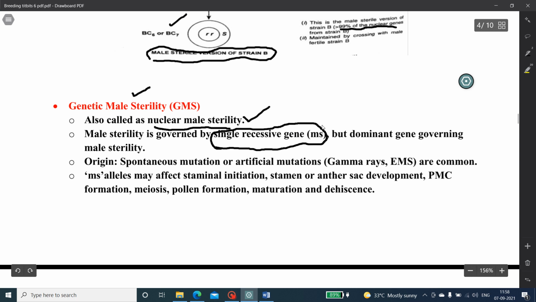And here sterility is governed by the recessive gene, small ms, but a dominant gene governs male fertility. Dominant gene means capital MS, that is the male fertility, and small ms is the sterile parent.